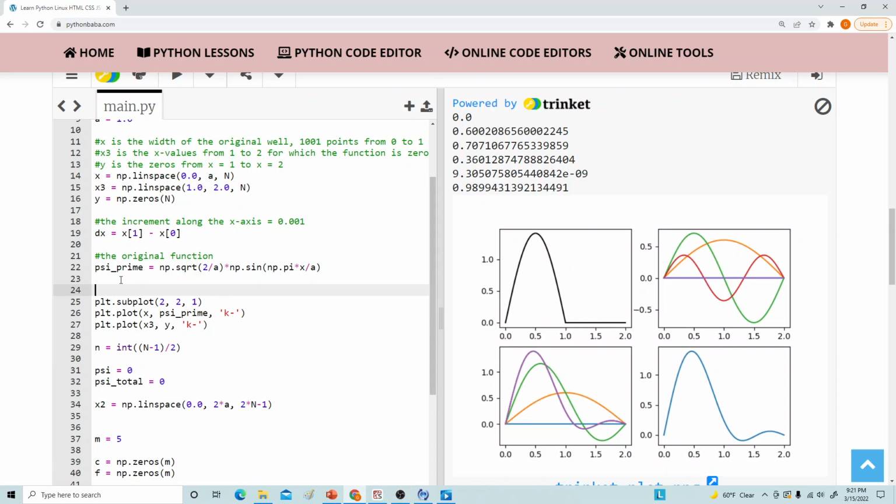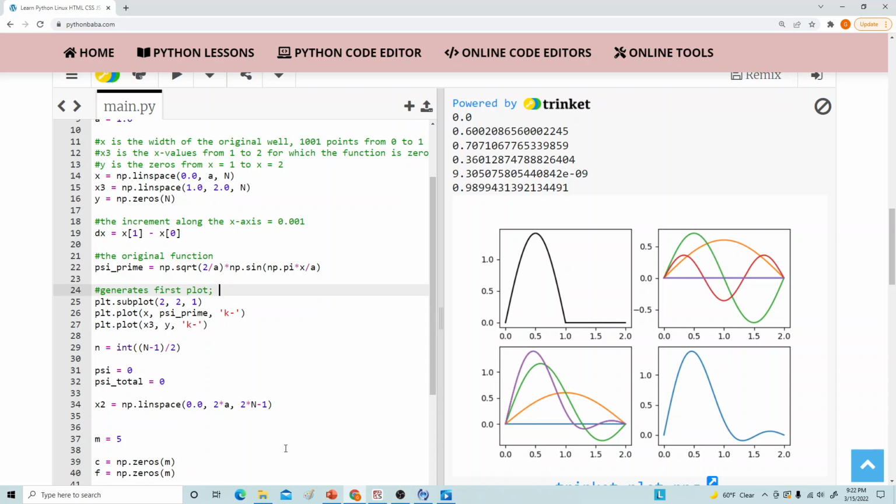Okay. And so this just generates the first plot. So we're plotting the expanded well function, but the original wave function and then zeros.